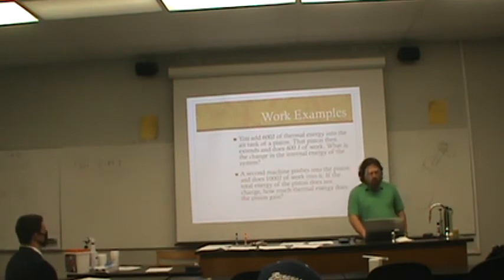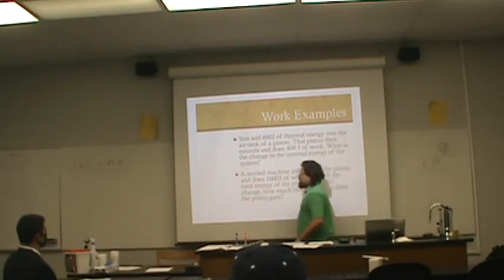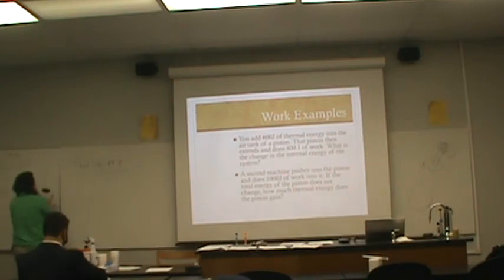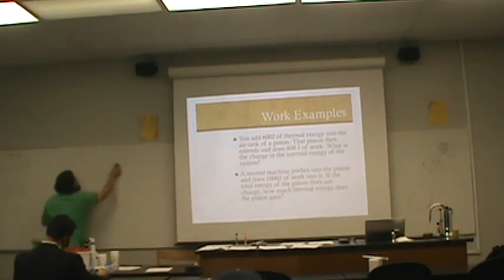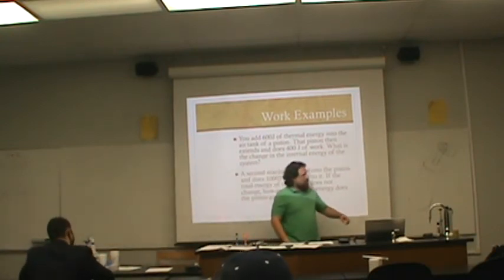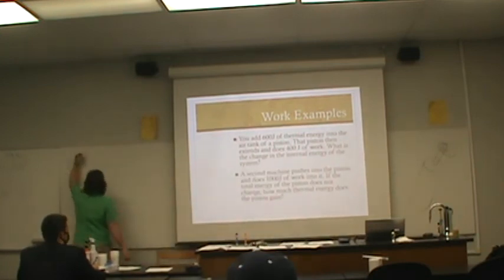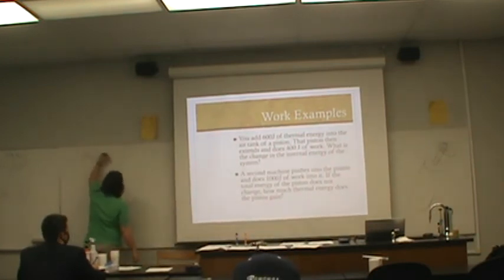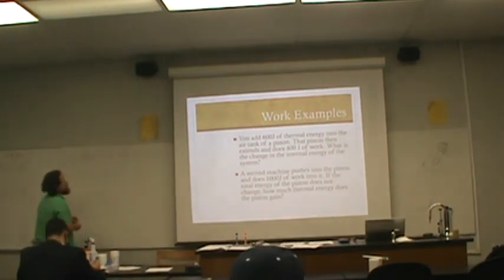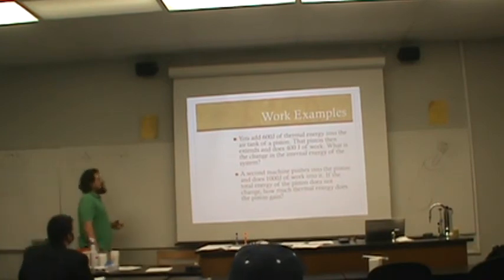To utilize these principles, here are two very quick examples that we're going to work together. So delta U equals Q minus W. The first one, we're going to add 600 joules of thermal energy into the air tank of a piston.